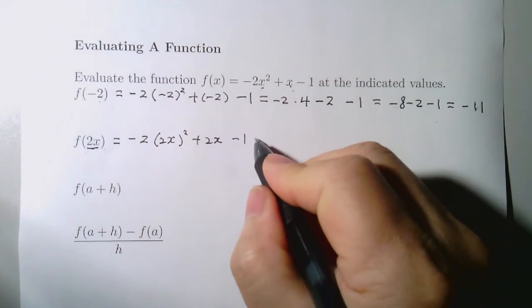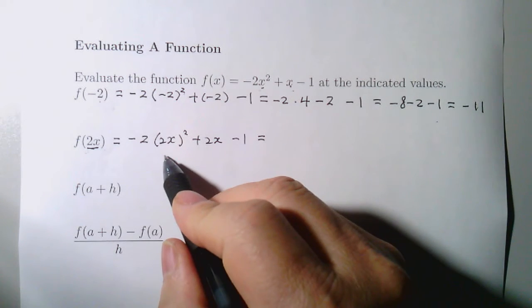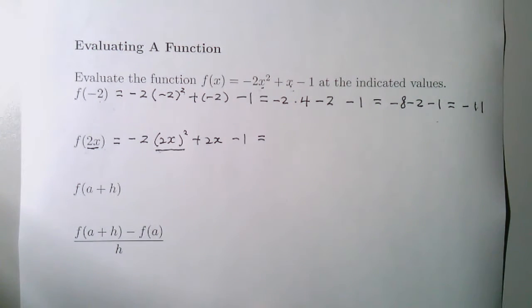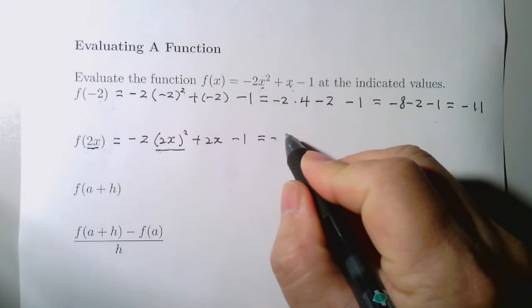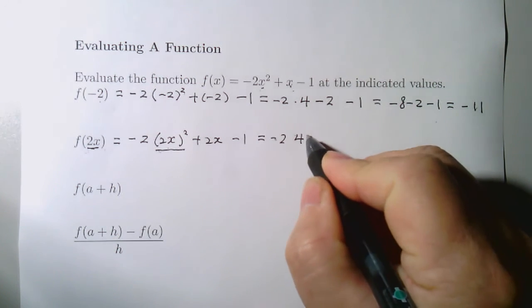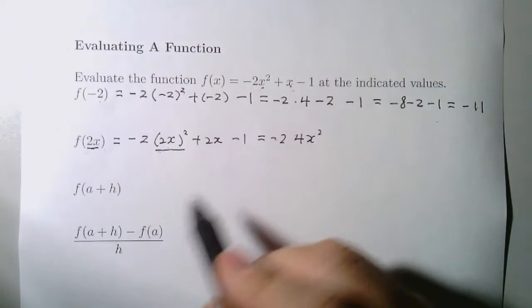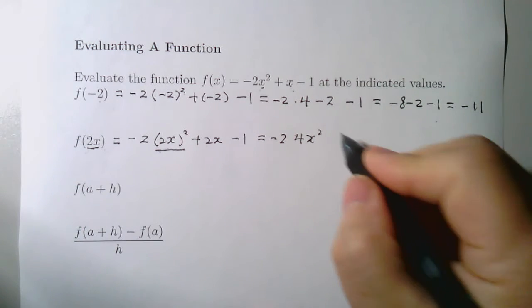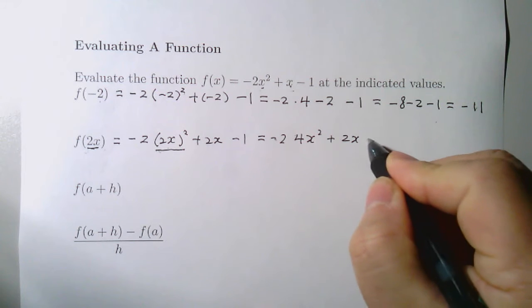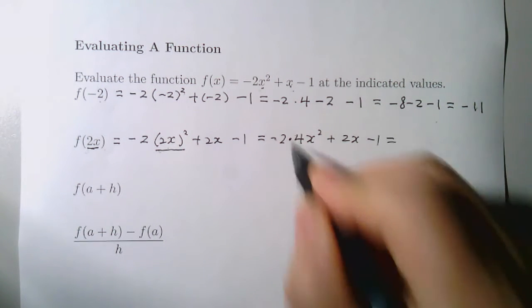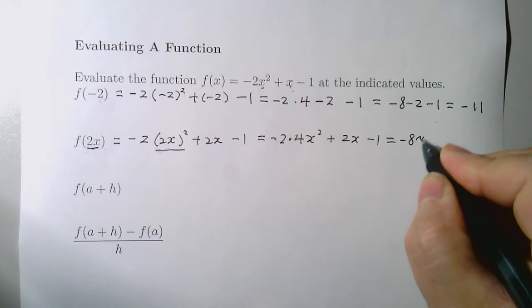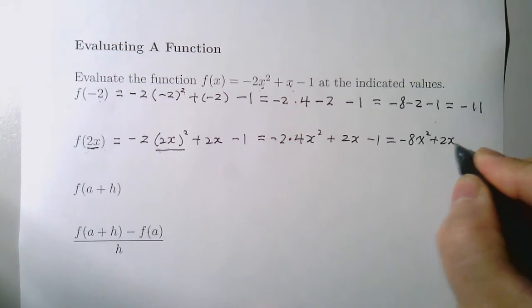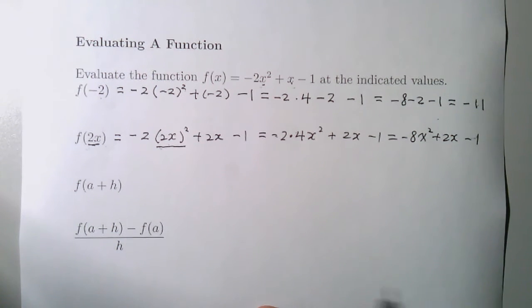Same as before, you need to evaluate the exponential expression first. (2x) squared is 4x squared, 2x times 2x, plus 2x minus 1. Then multiply: -2 times 4 is -8x squared plus 2x minus 1. Okay, so that's what we have there.